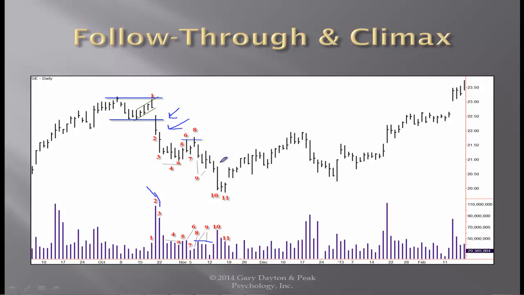Now, what happens on bar 10? We have another widespread down bar on high volume again, right? What could that be? Anybody have a sense of what that might be? Climax, yeah, good, Scott. Good, absolutely.